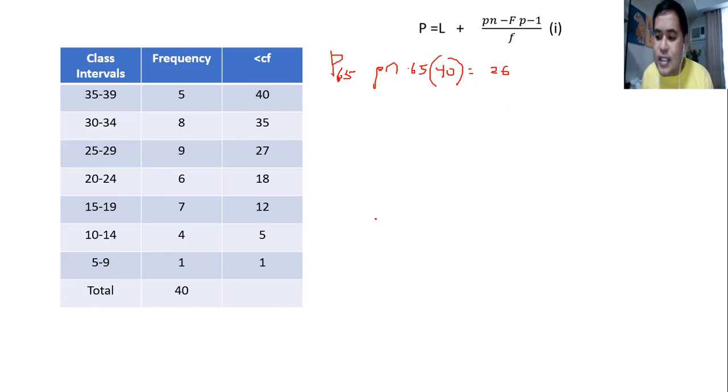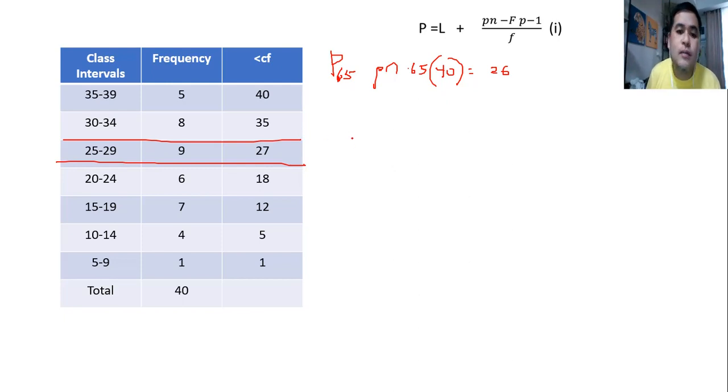Where is the 26? Is it on 18 or on 27? So obviously it's found here. So this is your percentile class. So your L here is 24.5. This one is your F sub P minus 1.